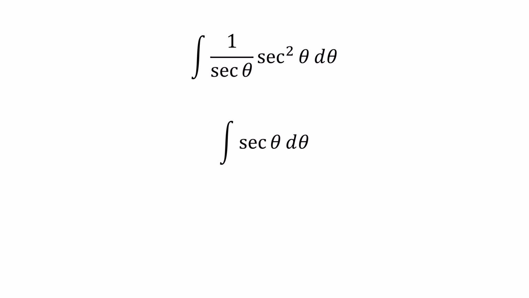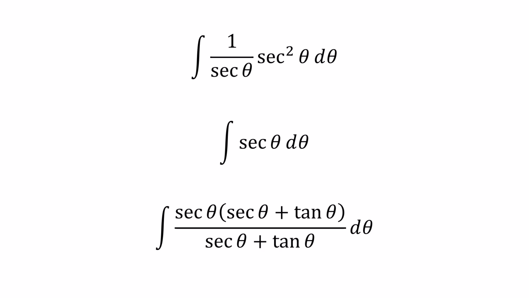the integral of secant of theta d theta. Multiplying the numerator and denominator by secant of theta plus tangent of theta then gives the integral of secant of theta times (secant of theta plus tangent of theta) all over secant of theta plus tangent of theta d theta.